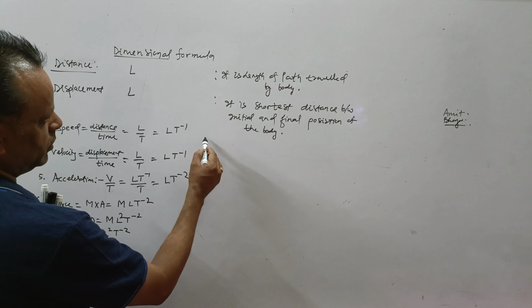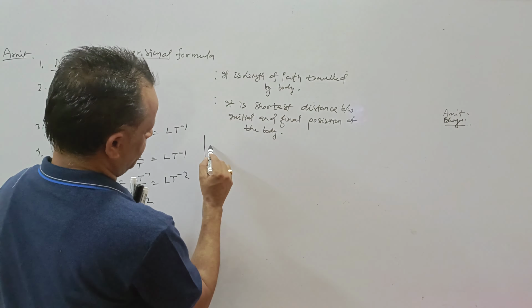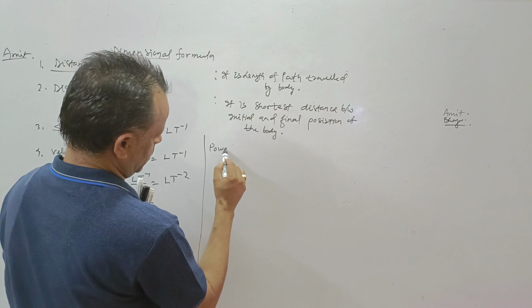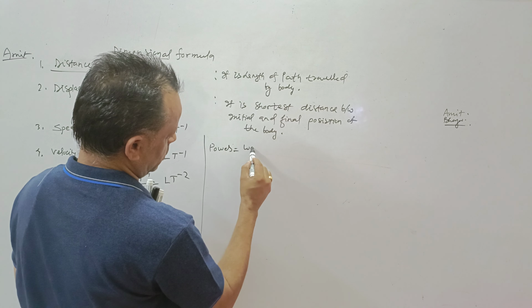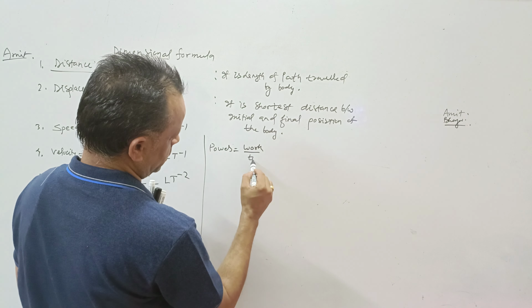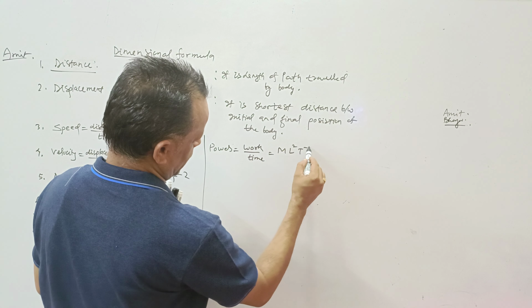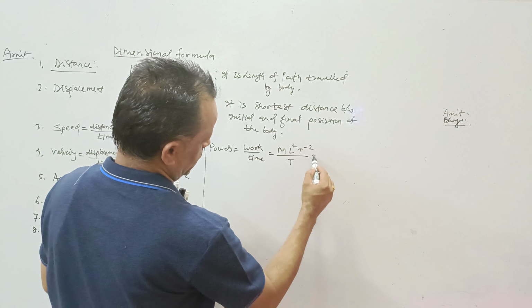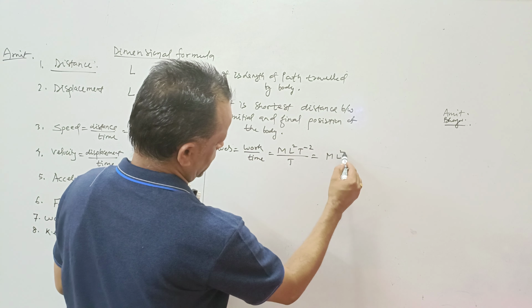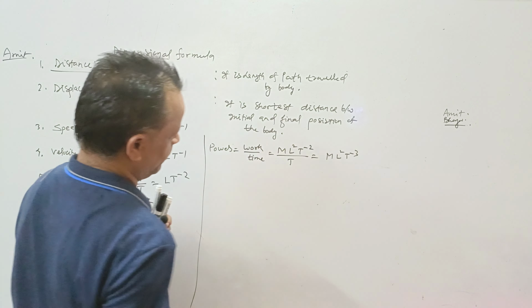Then we go for power. Power is basically work upon time. Work is ML square T to the power minus 2. Then divided by time, it comes out to be ML square T to the power minus 3.